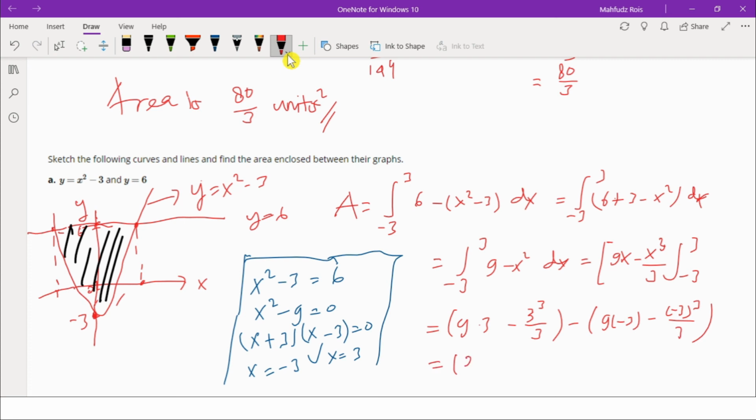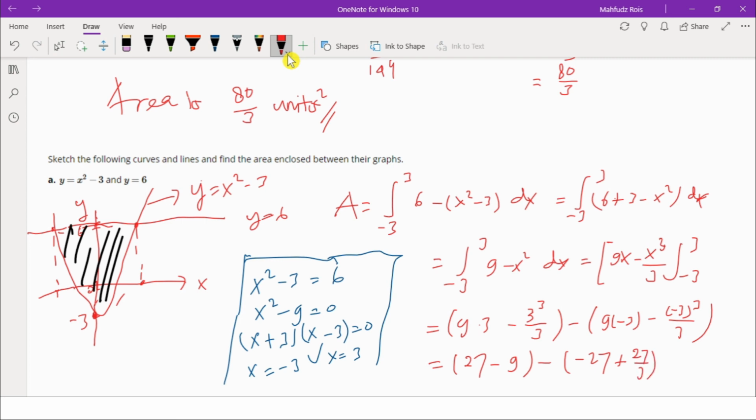So you know that one is 27 minus 9, minus that one is minus 27. That one will be positive, negative 3 cubed will be negative 27, but negative positive, 27 over 3.